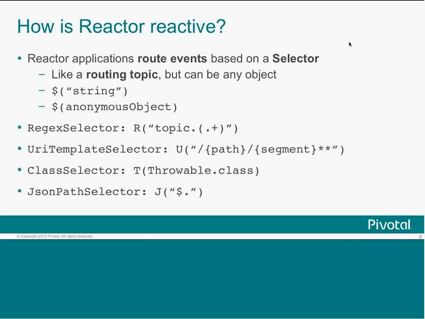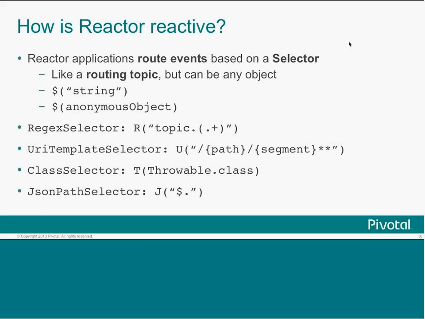And you could create your own selector based on an arbitrary predicate, so that you can use any kind of information to decide whether or not this consumer should be invoked with the given data.